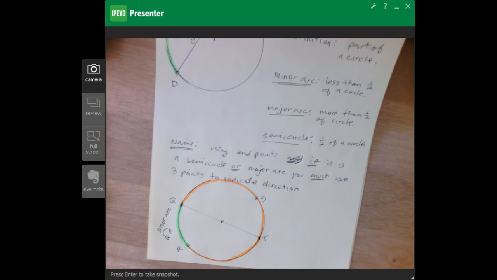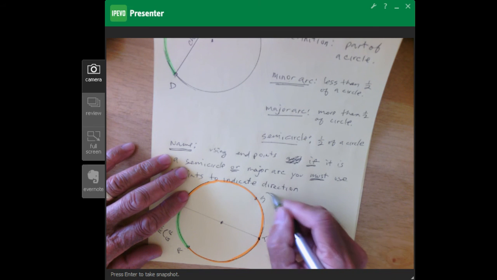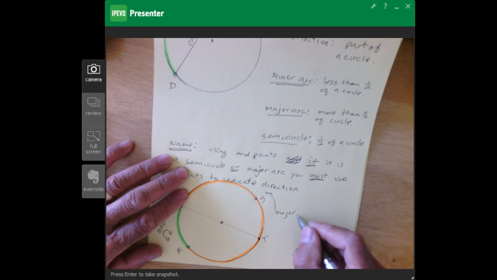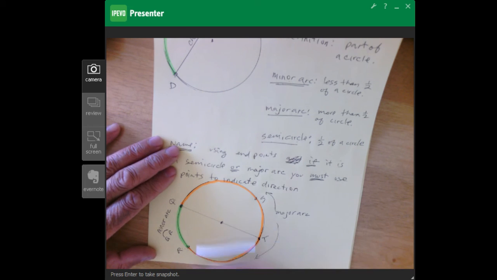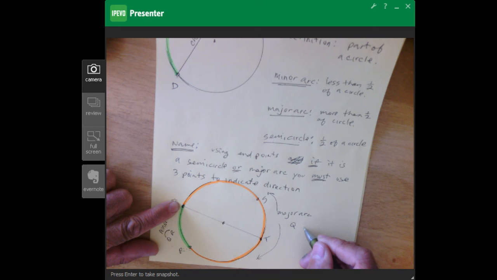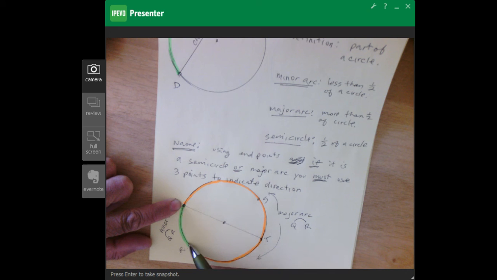So here, this would be our major arc. We're starting at Q, ending at R. We still need those letters, but we want to make sure we understand that we aren't going this way.